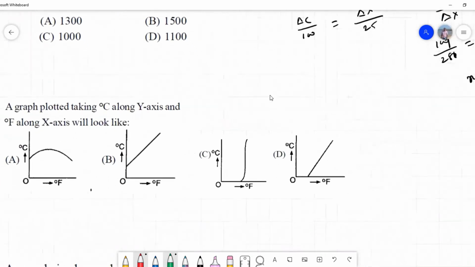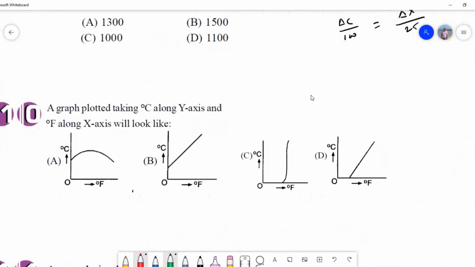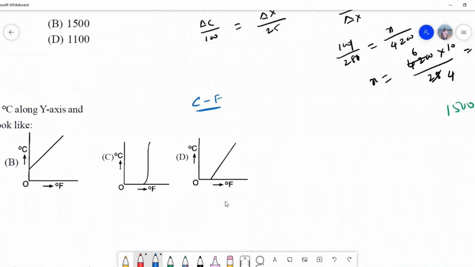Now let's move on to problem number 10. A graph is plotted taking centigrade along the y-axis and degree Fahrenheit along the x-axis. So we need to draw the C-F graph, with Celsius on the y-axis. We all know C by 5 is equal to F minus 32 by 9.